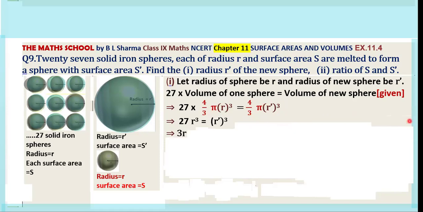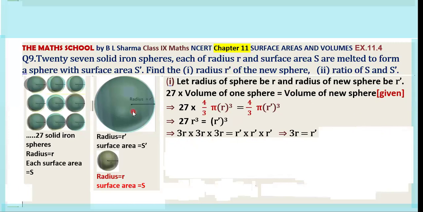Further, we can write 3r into 3r into 3r. That is, 27 r cube is equal to r dash into r dash into r dash. It means 3r is equal to r dash. On comparing left hand side and right hand side, we can say that 3r is equal to r dash. So this is the answer of the very first part.